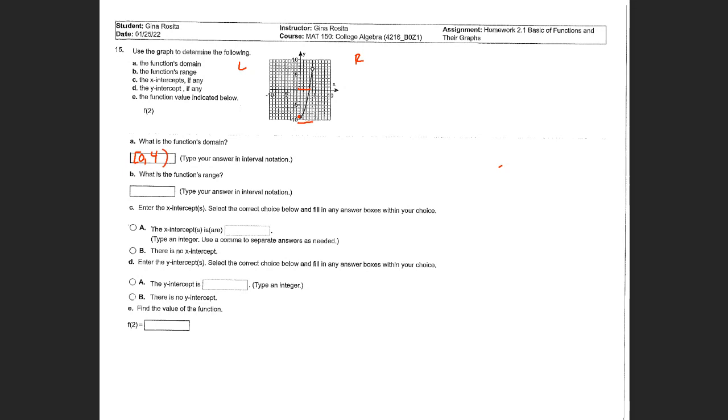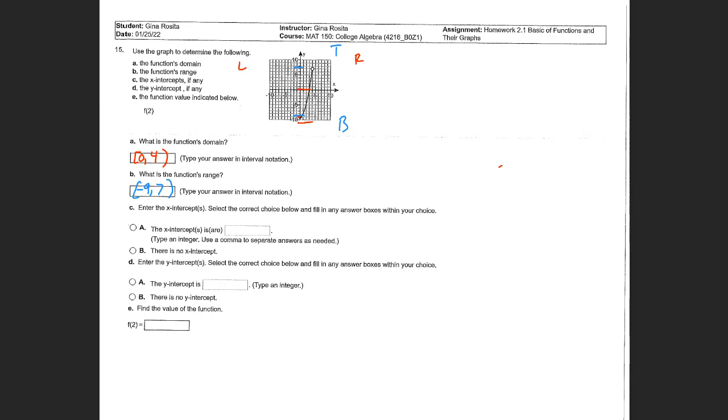Remember, from left to right. Now look at range. Range is from bottom to top. From negative 9, this is closed, so bracket negative 9 to 7, open.